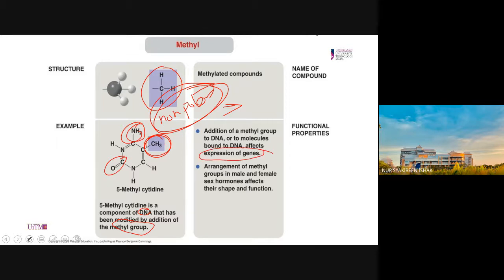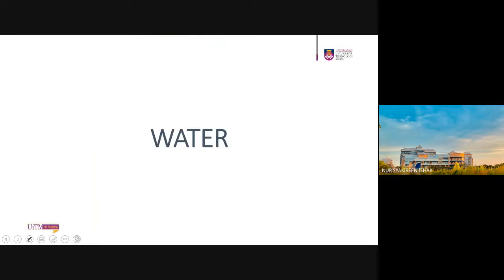The arrangement of methyl groups in male and female sex hormones affects their shape and function. So the presence of a certain functional group within a molecule will determine its property and its function.